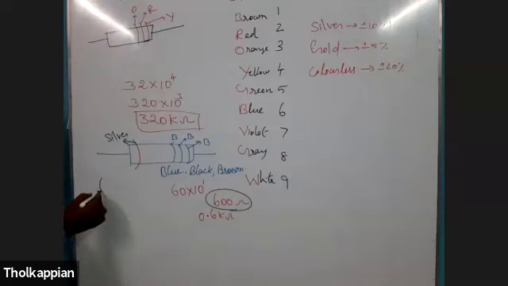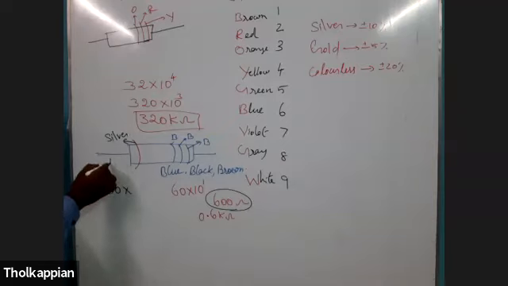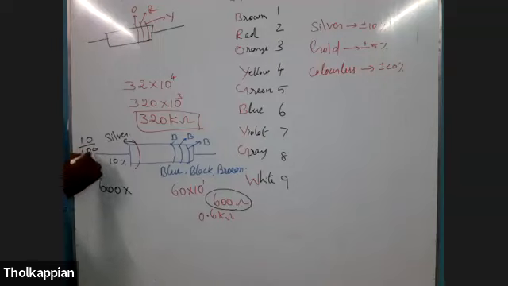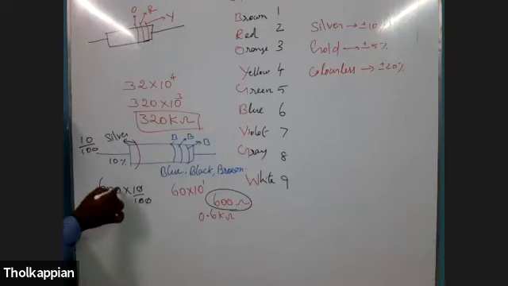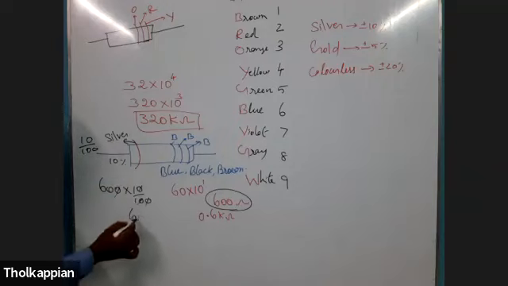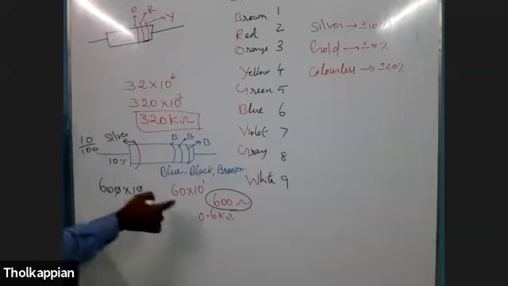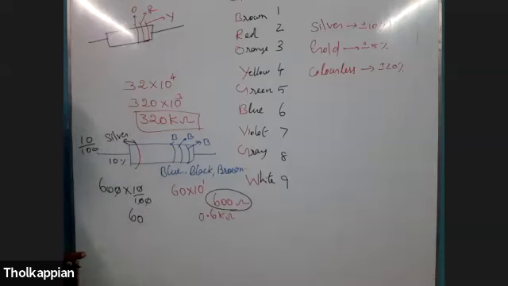If it is silver color, you write 600 into 10 by 100. Cancel one 0, cancel another 0, which is equal to 60. 10% of this value is 60.